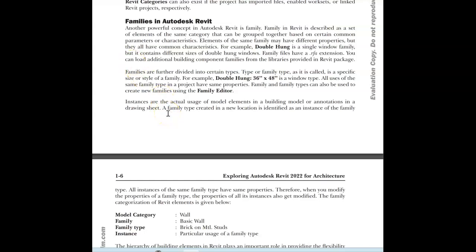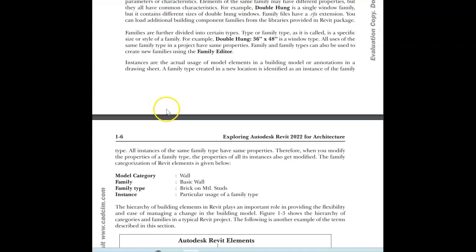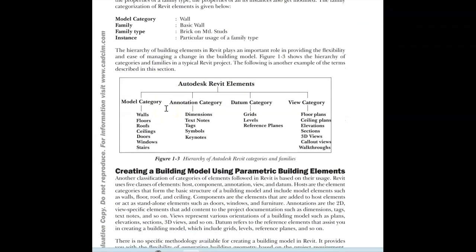Instances are the actual usage of the model elements in the building model or annotations on the drawing sheet. So when you get to a very specific thing you're using. Here's model categories, which lists all of those. Annotation is listed. Datums and view categories. What I just told you here is in this chart.